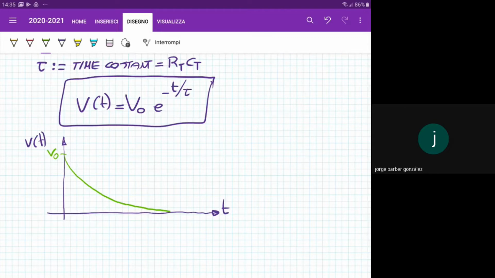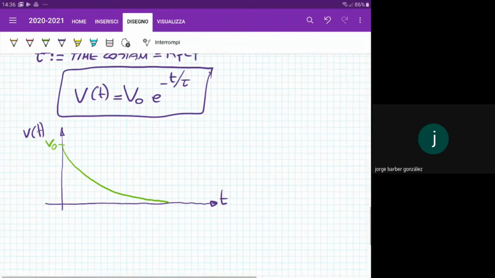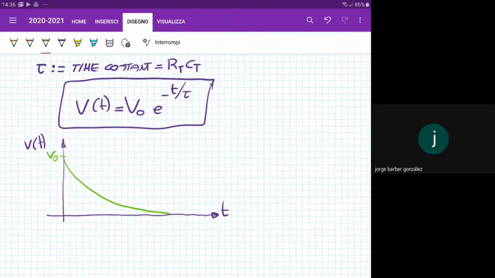Now, if you think for a while that this is your measurement of the output tension when your accelerometer is subjected to a constant acceleration, you easily see from this picture that as time passes, your output tension is no more representative of your acceleration.